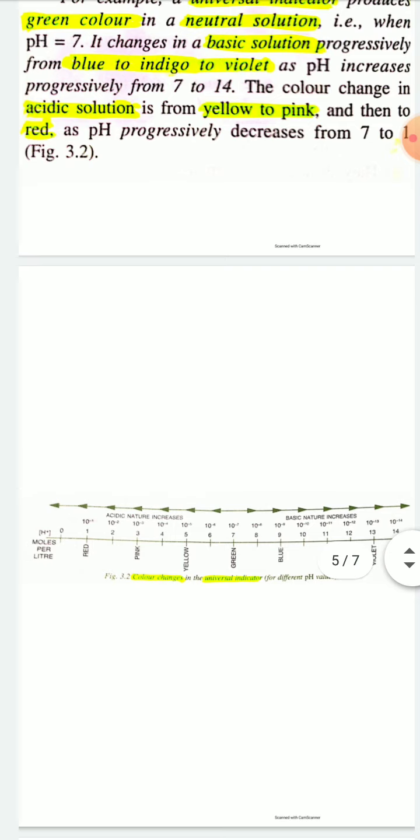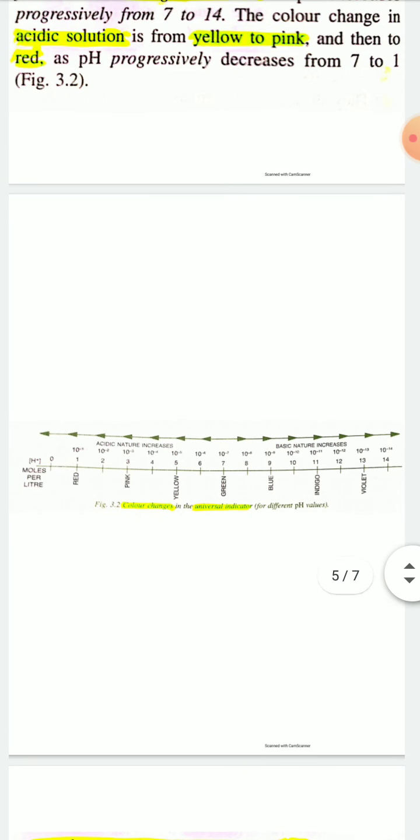Okay, and this is universal indicator. Here in this universal indicator, the pH value and the color at that particular pH are also written. You have to see. So this is a color change of a universal indicator in different acidic or basic solutions.